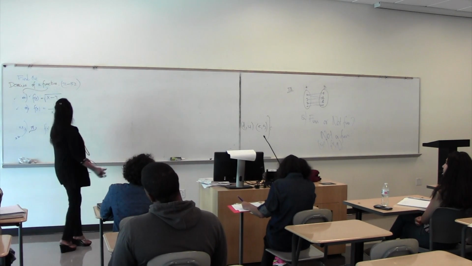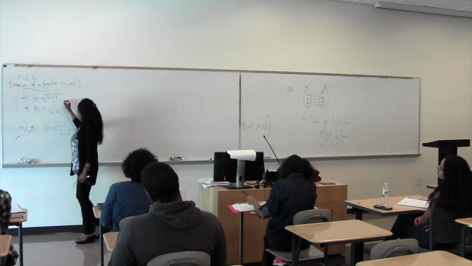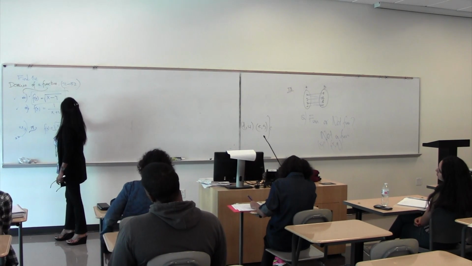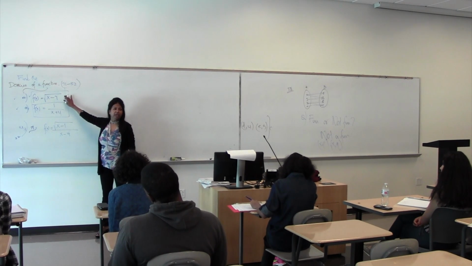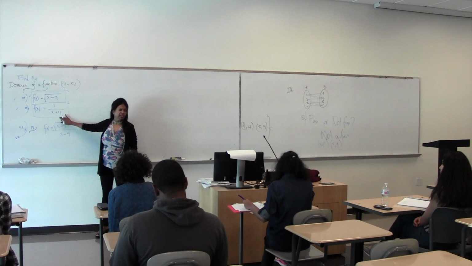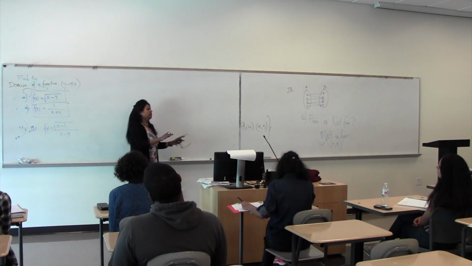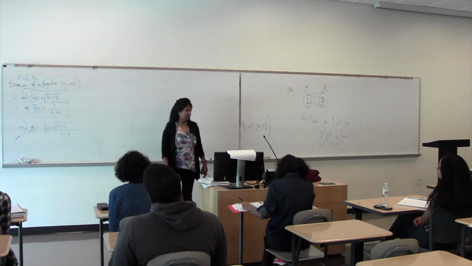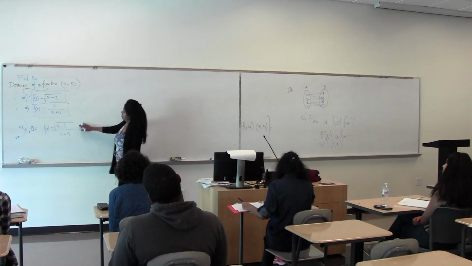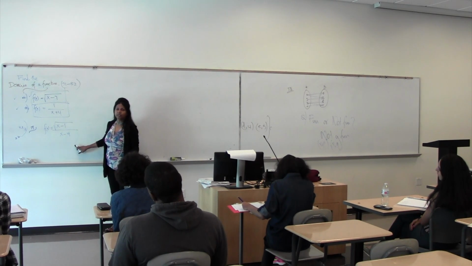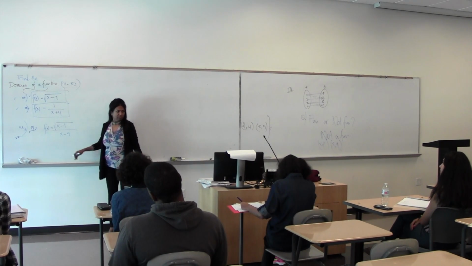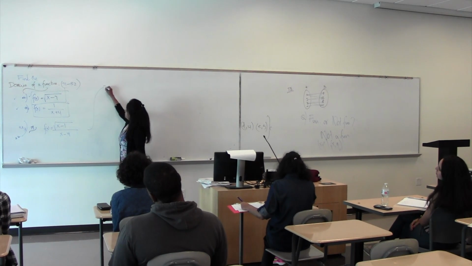We did these two examples. We know how to get a restriction whenever we have a square root. We know how to get a restriction whenever we have a rational. But this one, example number 3, what do we have? We have a square root and a rational. Can we do this now? So what do you need to do? Let's work with the square root.